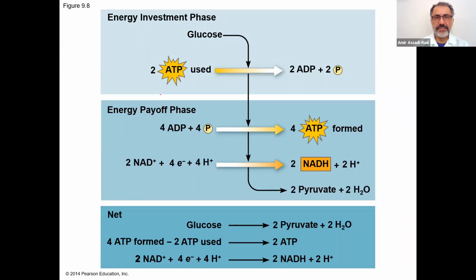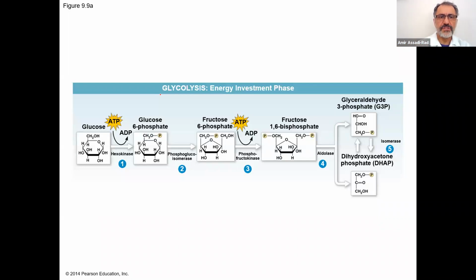So what happens? Glucose becomes a molecule called glucose 6-phosphate. Sorry. Glucose becomes glucose 6-phosphate as 1 ATP becomes 1 ADP. The phosphate attaches to carbon number 6 right here. That's why they call it glucose 6-phosphate.